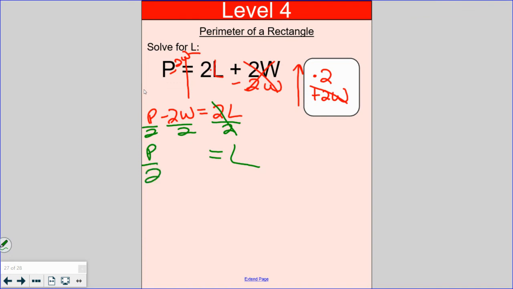And then this is negative 2, well, we can change that to add a negative. We can still add. This negative 2 divided by 2 is negative 1w. And the 2 is out. So this can be easily written as this negative 1. We don't have to write the 1, and it can be just a subtract w equals L.